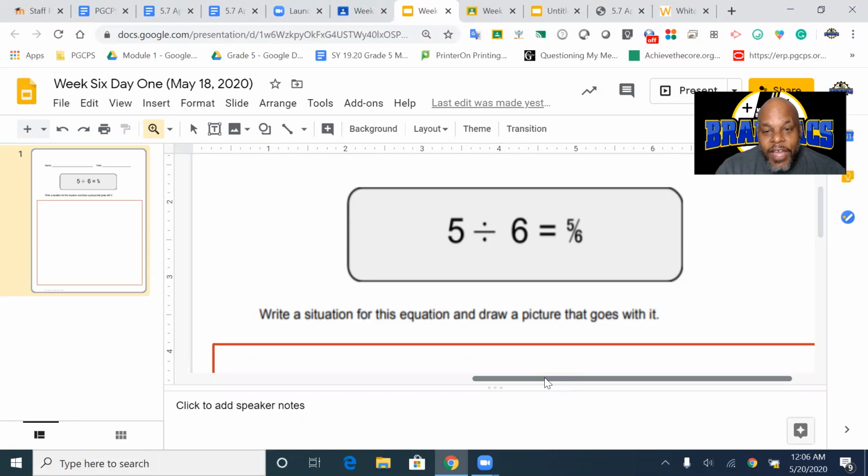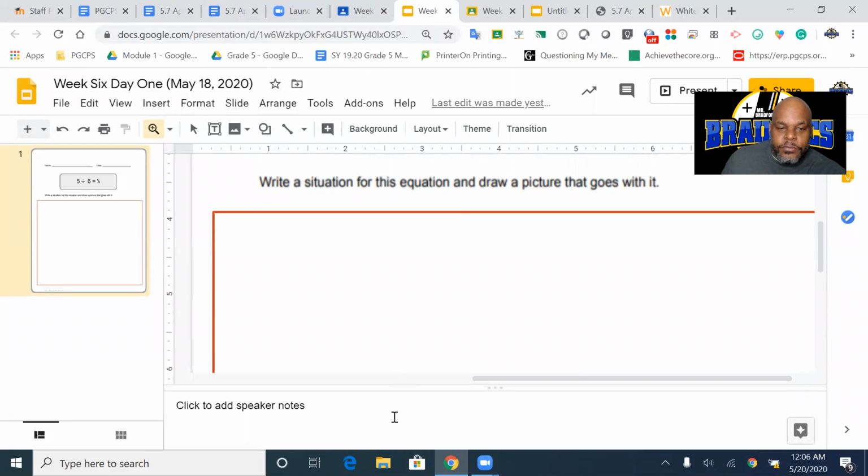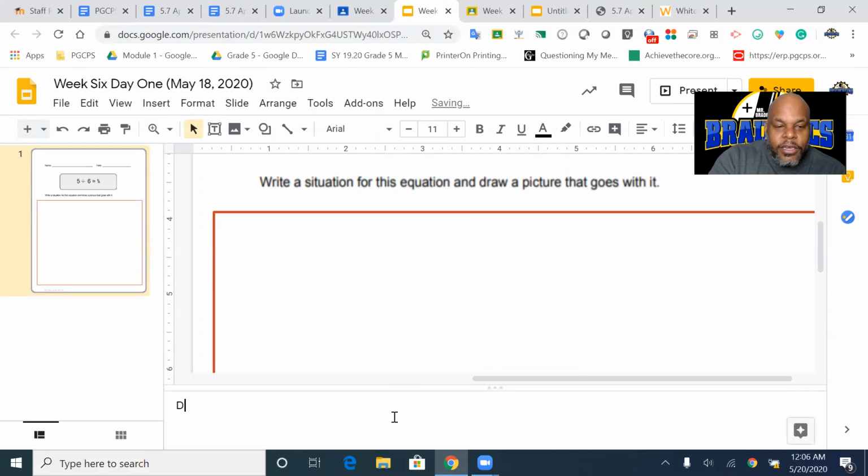So 5 divided by 6 equals 5/6. That's what we were talking about as we related it to the dividend and the divisor. So we know that in this equation, the dividend is 5 and the divisor is 6 and the quotient is 5 divided by 6.